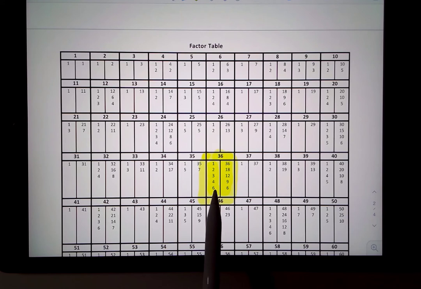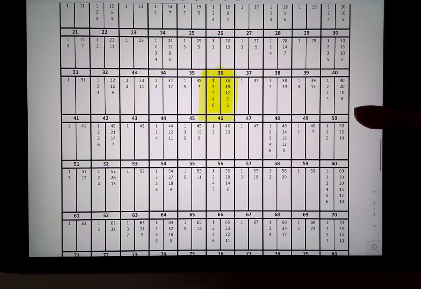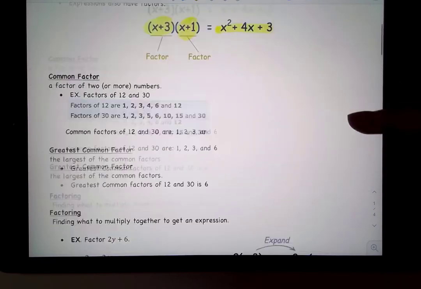So you have 9 factors of 36, and you can use this factor table, which goes from 1 through 100.